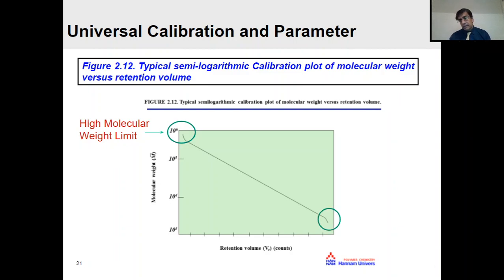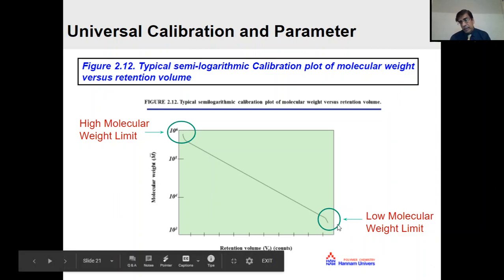And here this is the lower molecular weight limit. So let's say the limit is 2000, then less than 2000 will not be an acceptable result, because all will be eluted at the same place. So this graph is very, very important, especially this upturn and the lower turn.